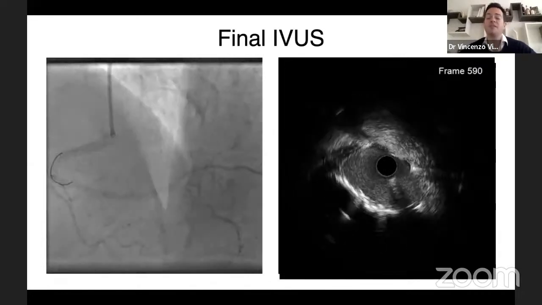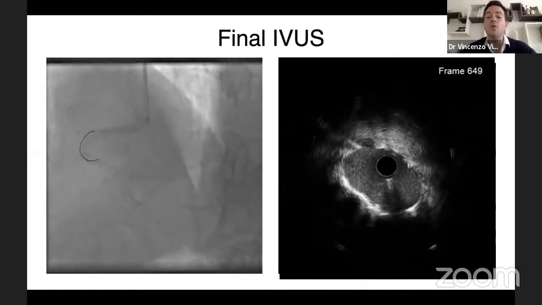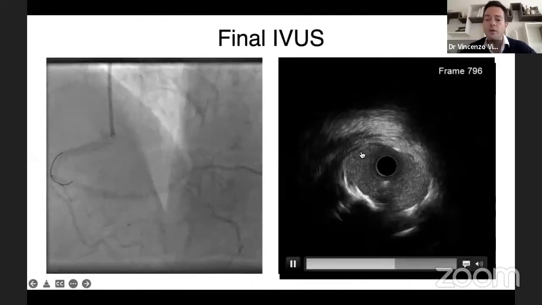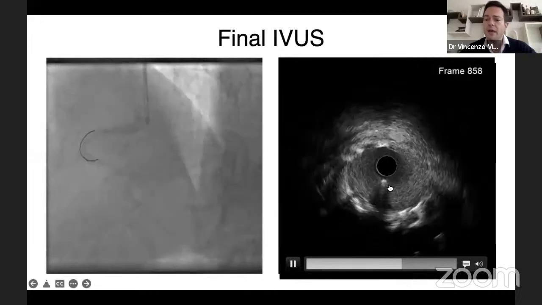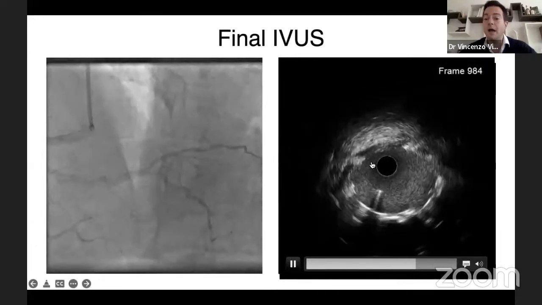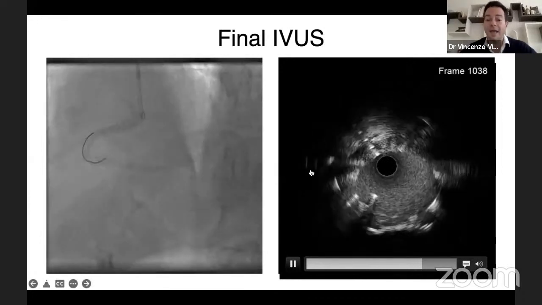Well, I post-dilated with a 4.0 NC balloon, and I don't think that going to a higher balloon, considering that the longest part of this eccentric expansion is about 4, would help.